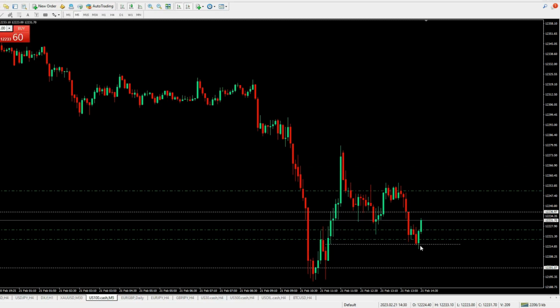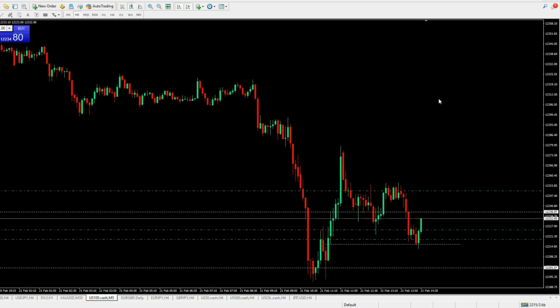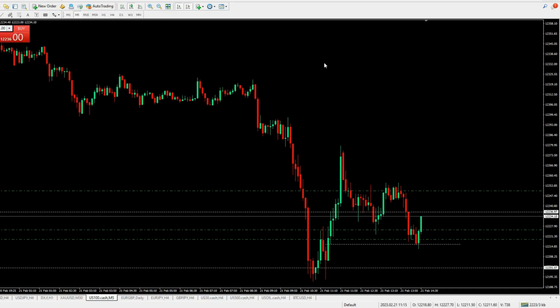Now we've got an ABC pattern that's developed. We could be at the bottom of the C leg here. Remember, this is just a 5-minute chart, so this thing isn't going to go to the moon. If it gets up to this area before it starts to react again, that'll be about it. So let's see how she develops going forward from here.